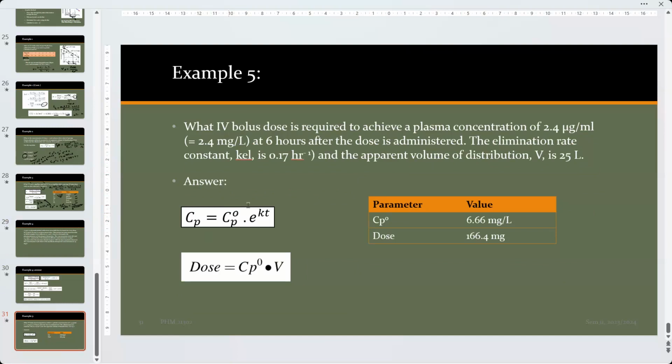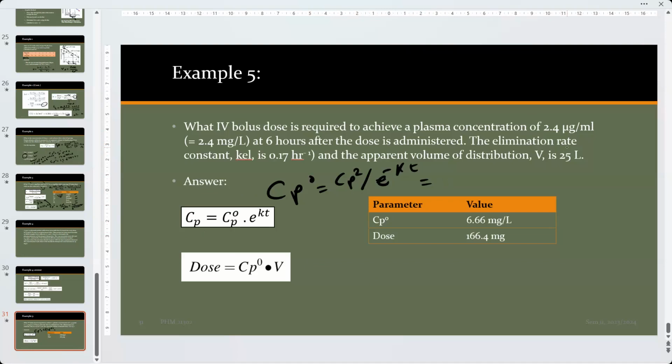And from Cp naught and volume distribution, you can calculate the required dose. So what to do is calculate Cp naught first, equal to Cp2 divided by e to the power negative k time. So here you have the concentration 6 hours after the dose.